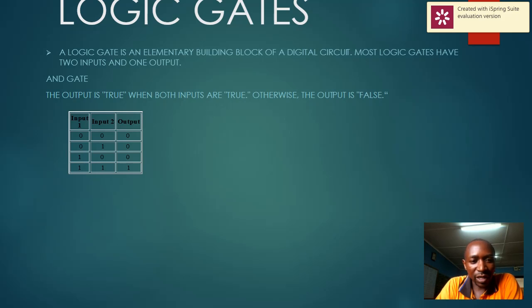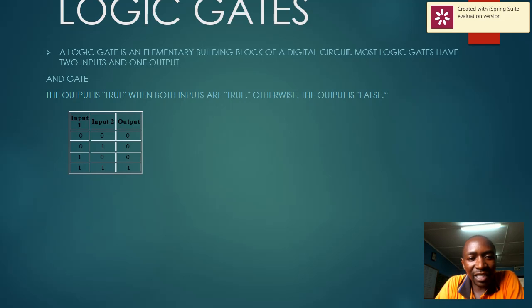But let's pay particular attention to the output. If you look at the rule under the AND gate, we are saying the output is true when the inputs are true. So if both inputs are true, then the output should be true. Looking at the first entry, input 1 is 0, input 2 is 0.